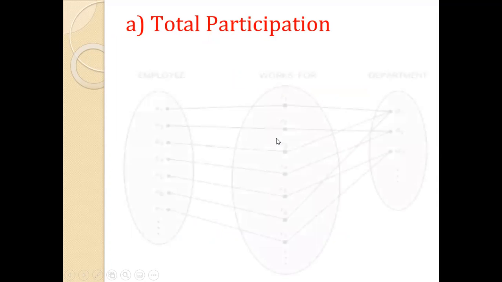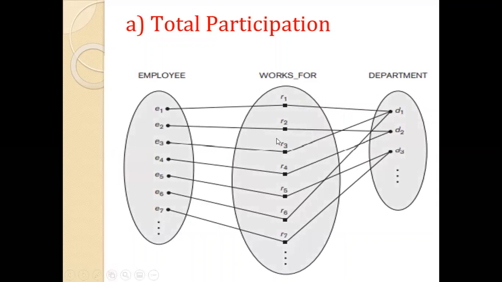In total participation, it specifies that every entity in the entity set must compulsorily participate in at least one instance of that particular relationship. As every entity must participate compulsorily, mandatorily, it is called total participation.